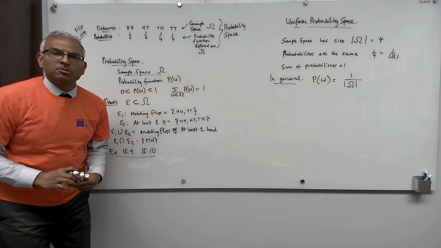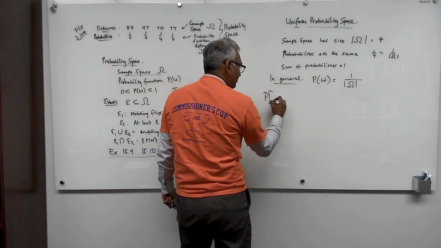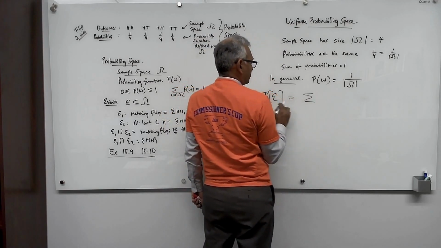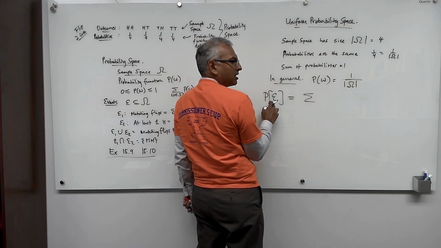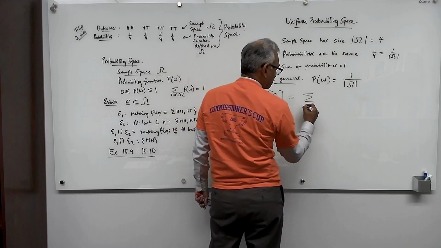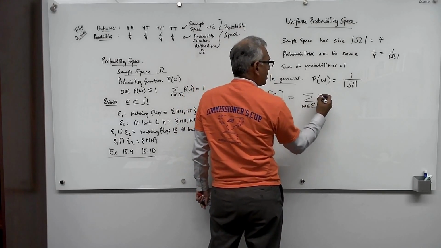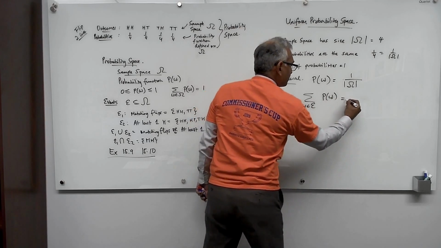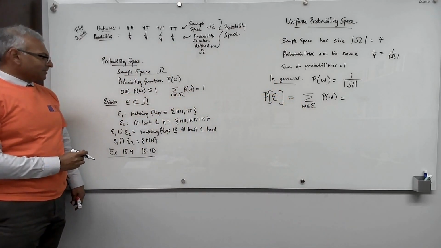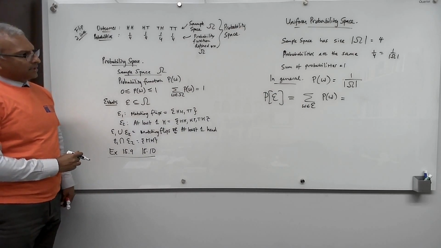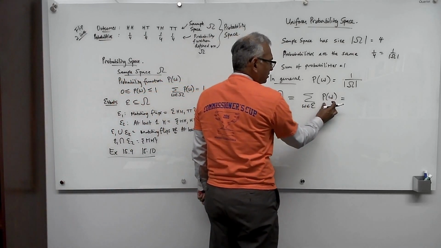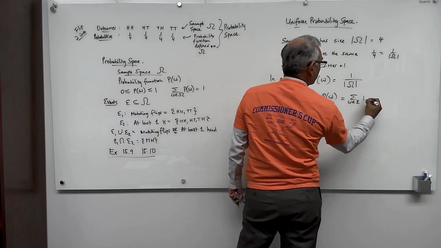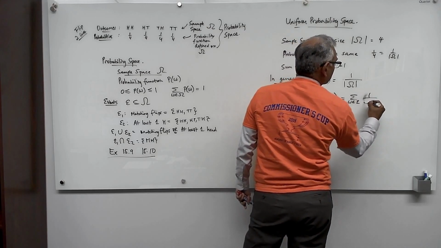So then what's the probability of an event? The probability of an event is exactly equal to the sum of the probabilities for the outcomes in the event. That's the definition of the probability of an event. And if all the probabilities are equal, each is 1 over the size of the sample space.